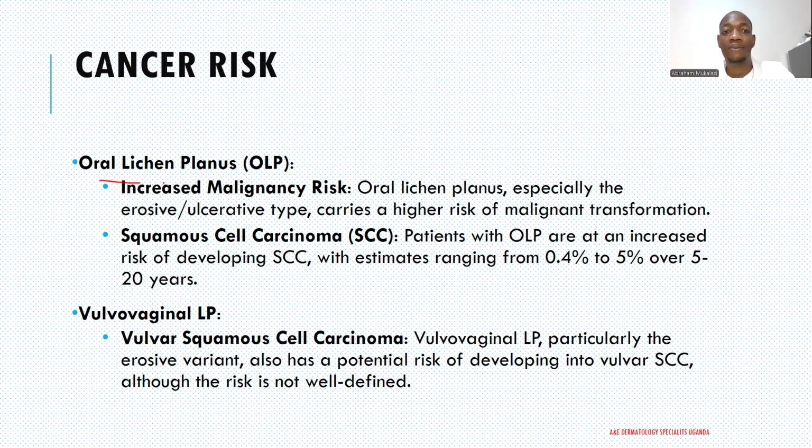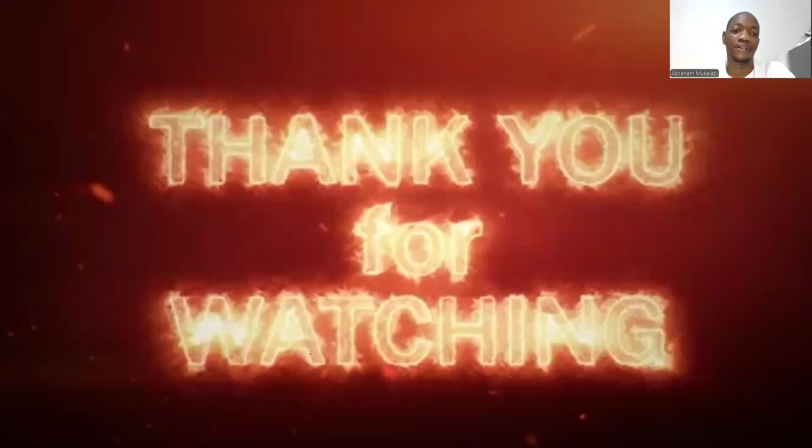As for cancer risk, lichen planus, especially the erosive type, has been associated with squamous cell carcinoma, and the risk is about 0.4 to 5% over the next 5 to 20 years. And even vulvovaginal lichen planus can also predispose someone to developing squamous cell carcinoma of the vulva.